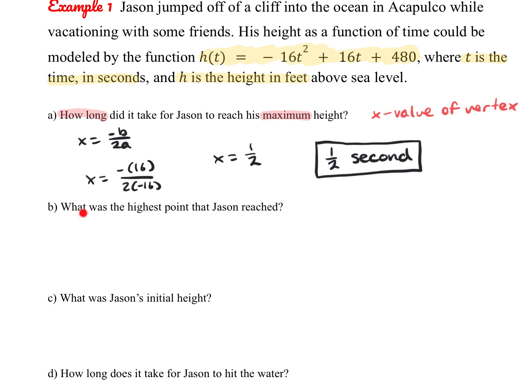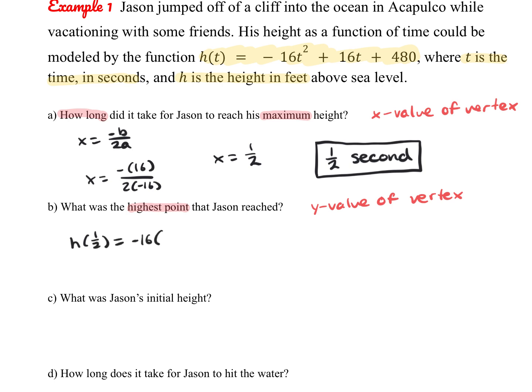Then if you look at part B, it asks what was the highest point that Jason reached. So since we're doing that highest point, again, that implies maximum, but this time they actually want the maximum height, and that would be represented by the y-axis. So here they want the y value of the vertex, which essentially means that we're finding h of 1/2.